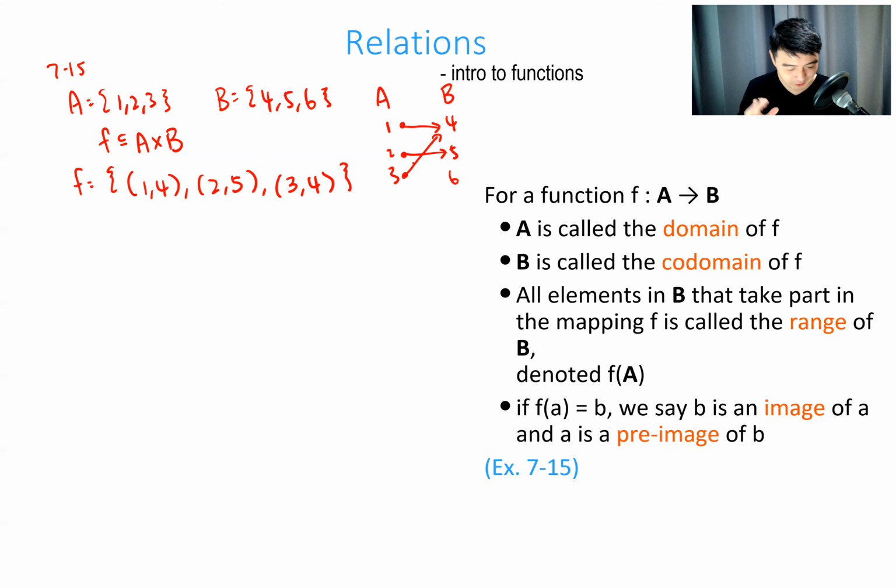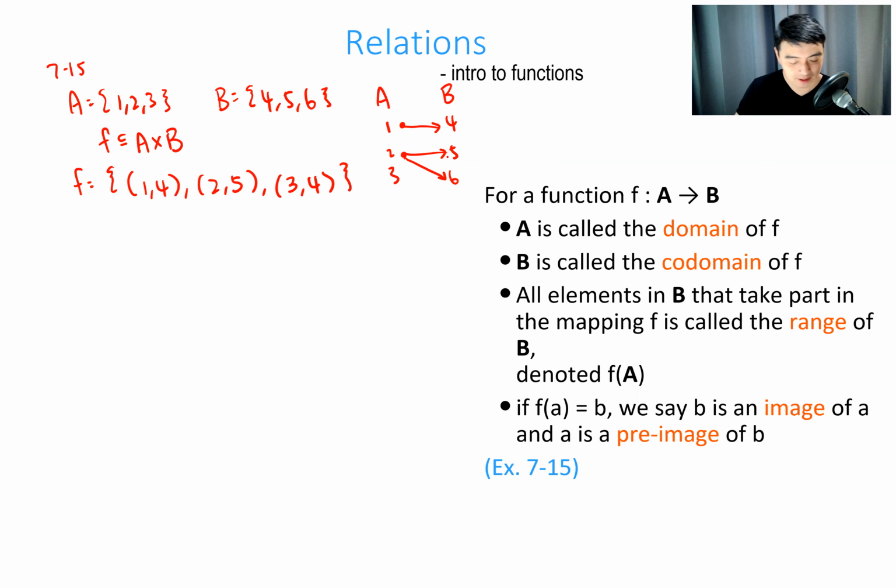If we ever see that there's an input that has no output associated with it, right away we can say this is not a function. Also, if we see that 2 goes to 5 and 2 goes to 6, that is going to violate part 2 of our definition, because now the input 2 has two outputs.